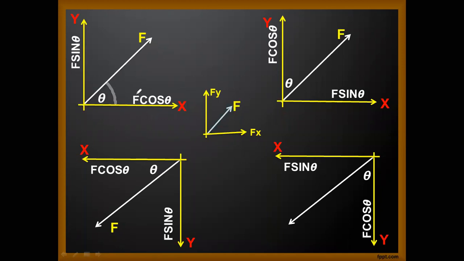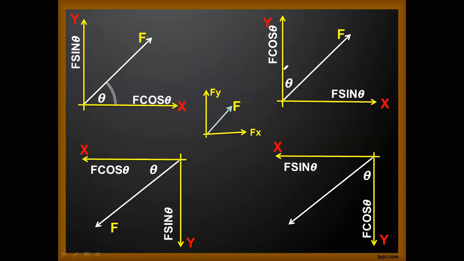Only thing we have to remember: when an inclined force is there, I want to resolve it into horizontal component and vertical component. If theta is the angle with respect to horizontal, then the horizontal component is F cos theta and the vertical component is F sin theta.